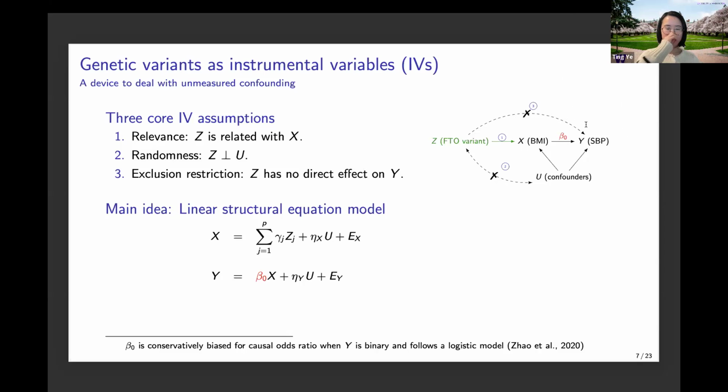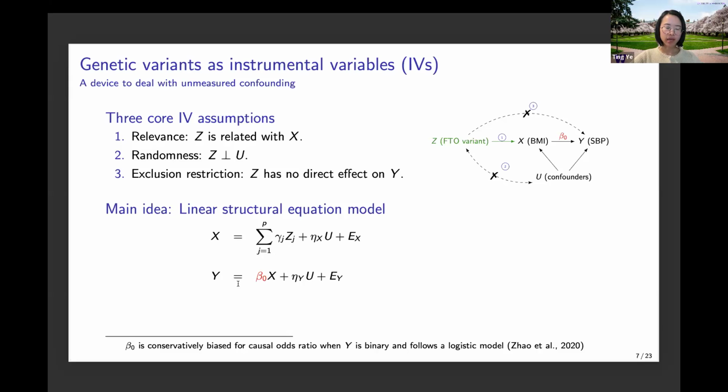And so based on these assumptions, the main idea of using genetic variants as IV to identify the causal effect can be illustrated using this linear structural equation model, where the first one is the exposure model, which says the exposure is related to all these genetic variants Z_j, an unmeasured confounder U and some random error.